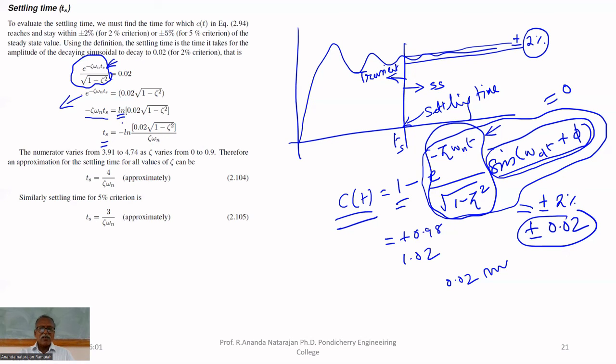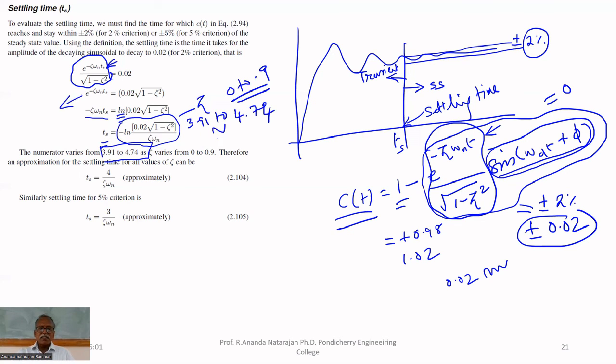The right hand side value, for different values of zeta, as zeta varies from 0 to 0.9, varies from 3.91 to 4.74.